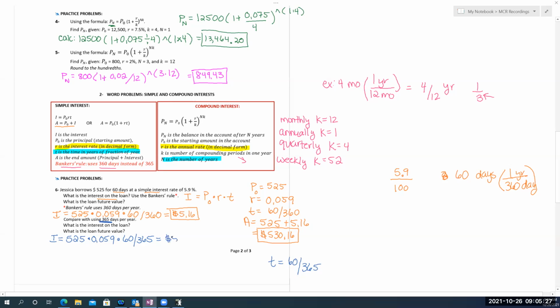So that's going to give you 5.09 for interest. Then for the future value, it's going to be the 525 plus the 5.09 or 530 and 9 cents. So using the banker's rule kind of shortens that year. So you borrowed it for a little bit longer, you pay a little bit more interest.